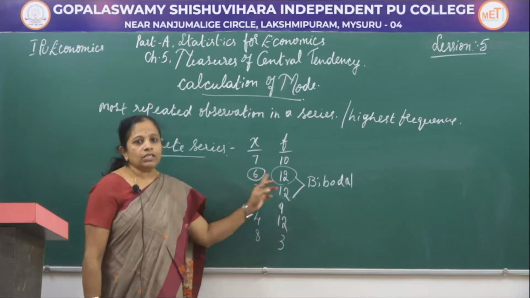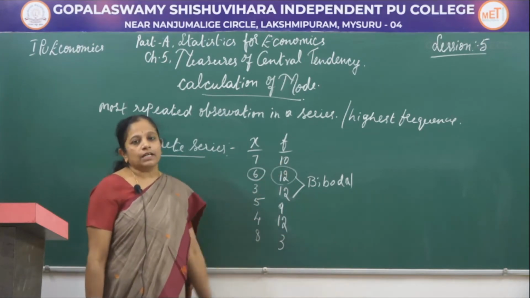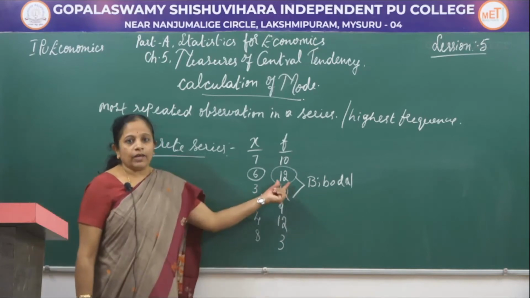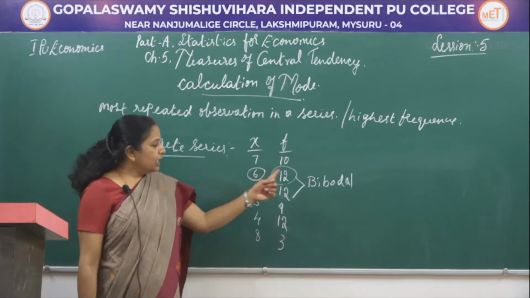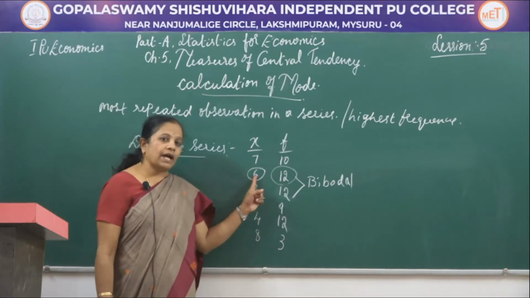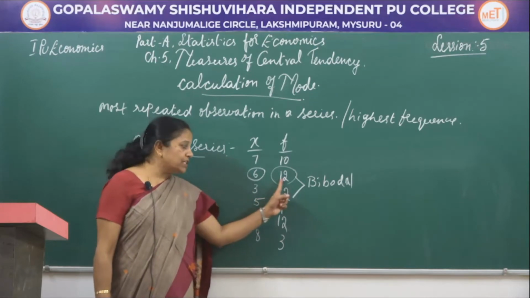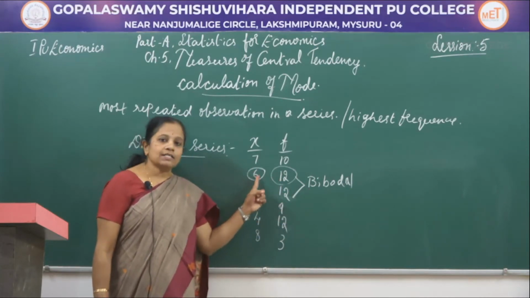So, now we have learnt about finding the mode for these discrete series. Here 12 is repeated against 6, so 6 is the modal value. In the case of bimodal, the numbers 6 and 3 are repeated 12 times each, so the modal values are 6 and 3.